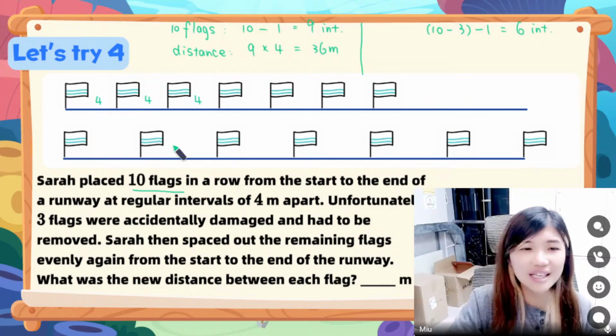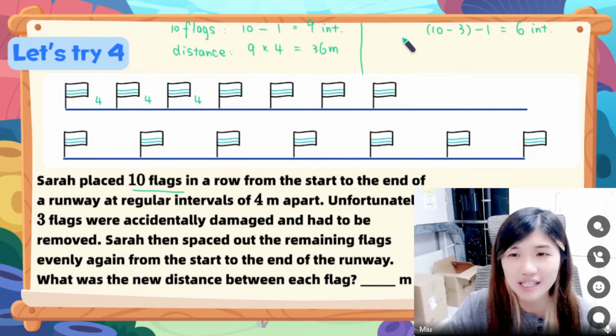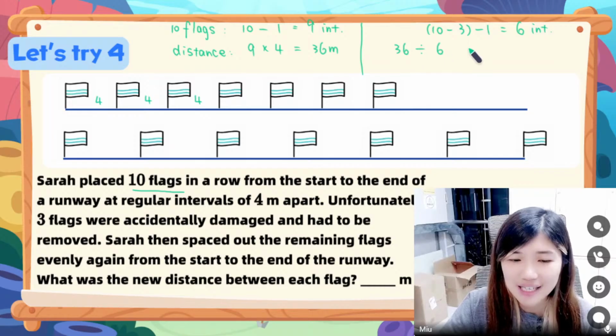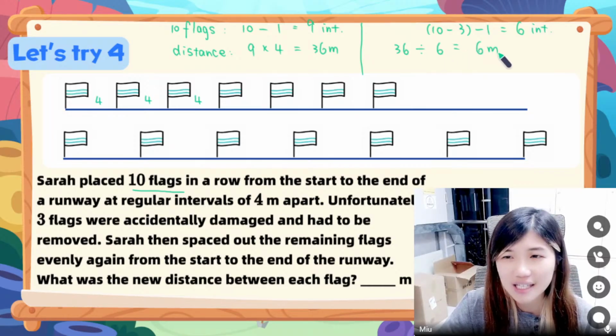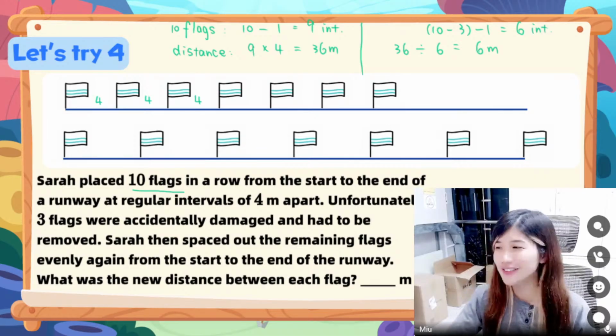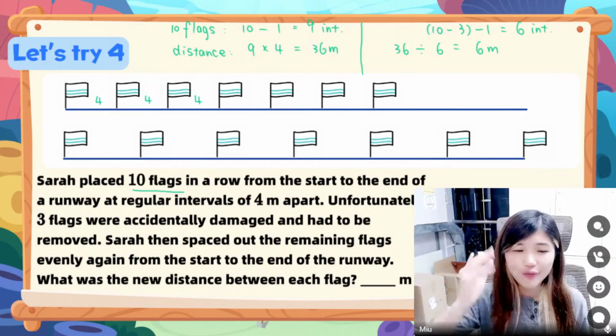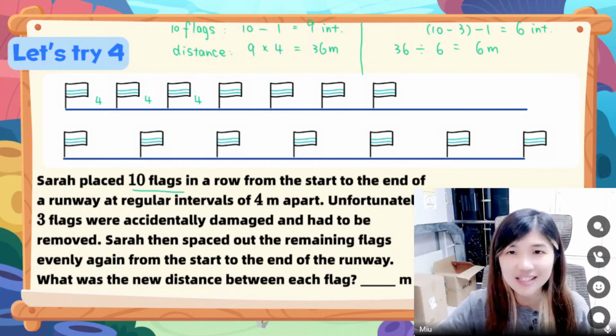Now 6 intervals share this 36 meter as the total distance. It must be 36 divided by 6 to find out there are 6 meters as the interval. So this is how we do this question. This is also a very, very tricky and difficult one. You just find out something that never changes and do the question.